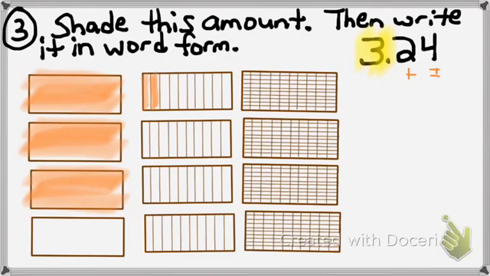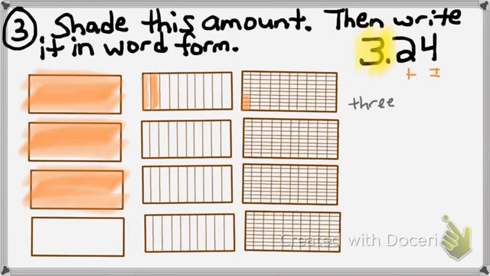I know that the hundredths column means it's 1 out of 100 pieces that it takes to make a whole. I have 4 of those hundredths, so I'll need to shade in 4 hundredths. 1, 2, 3, 4. This picture now shows 3 whole Hershey bars and 24 hundredths, which is 2 tenths and 4 hundredths. How do I write this number?